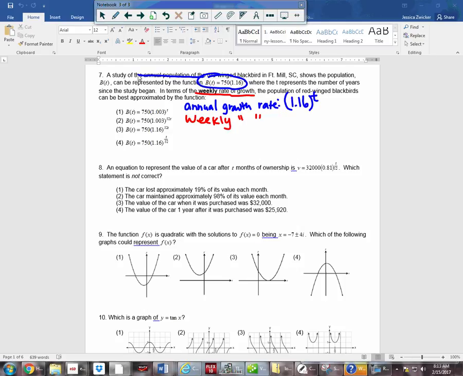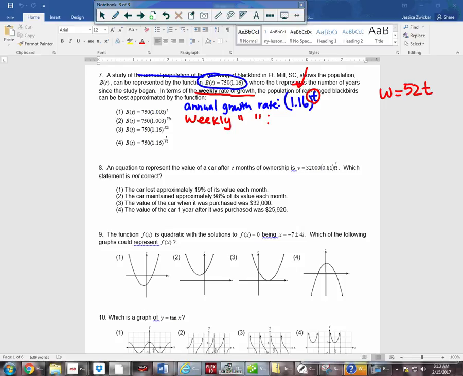If I want to make this a weekly rate of growth, weeks occur how many times per year? 52. So if I make this 52t, how many weeks are in a year? 52. I'm going to try and make this expression a weekly rate of growth by subbing in for t.